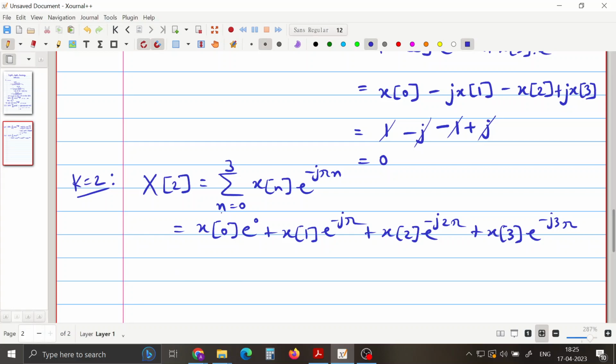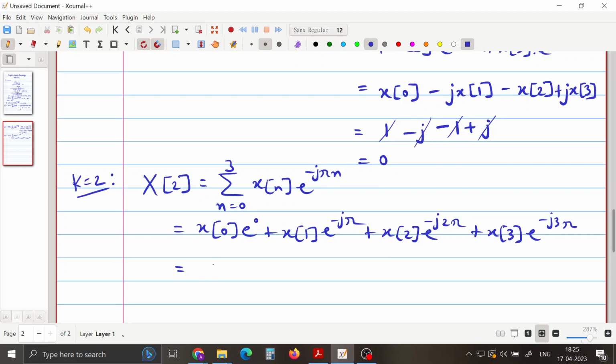All right, so now just put the values of all these complex exponentials.